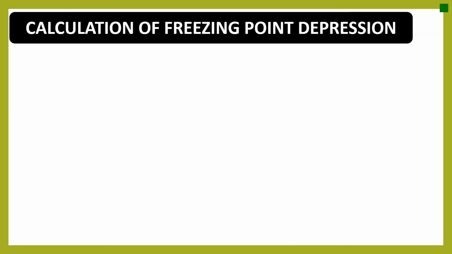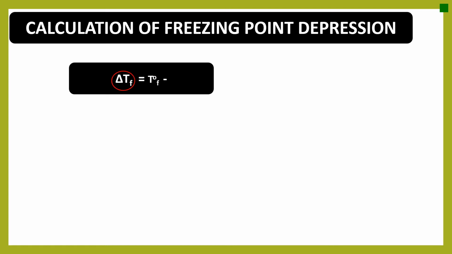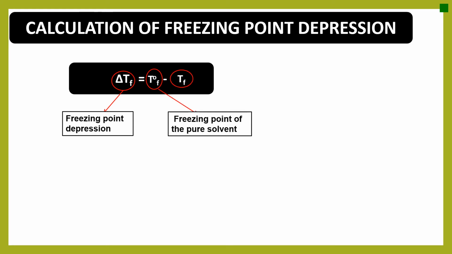So it can also be quantified. The calculations related to freezing point depression are carried out in this way. The freezing point depression is obtained by calculating the difference between the freezing point of the solvent minus the freezing point of the solution.